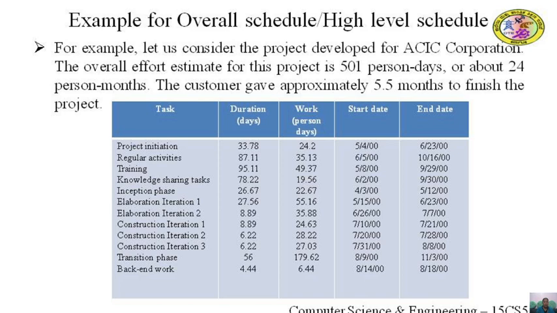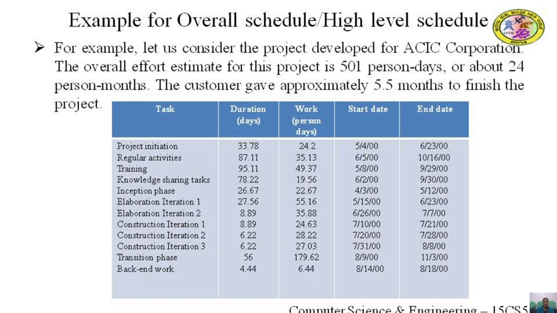And the development is done in 3 iterations, which are construction iteration 1, construction iteration 2 and construction iteration 3. The overall project duration with these milestones is 140 days.